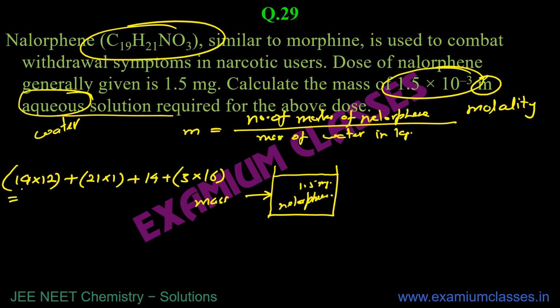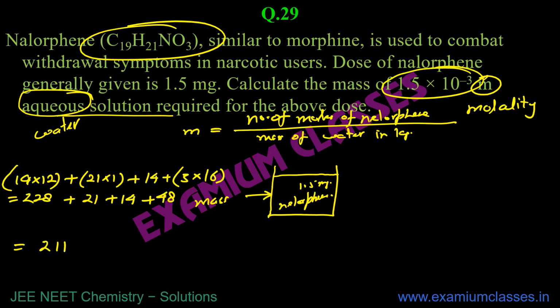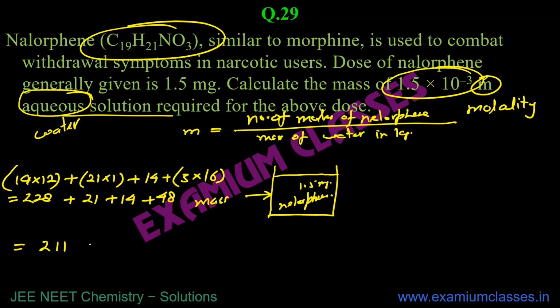So 19 into 12 is 228, plus 21, plus 14, plus 48. So 228 plus 21 is 249, plus 14 is 263, plus 48 is 311. So 311 you got as the molar mass of nalorphine.